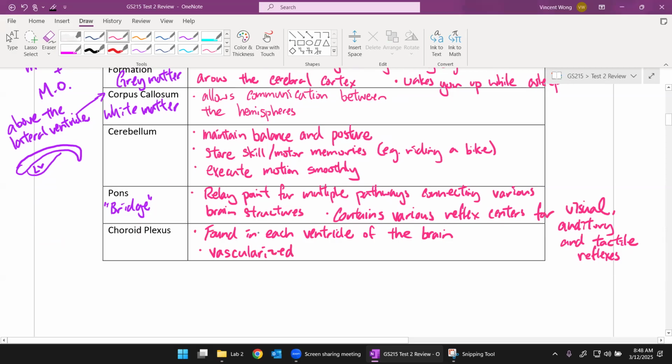Vascularized means they have blood vessels and contain ependymal cells, which is a type of glial cells that make cerebrospinal fluid. Choroid plexus.